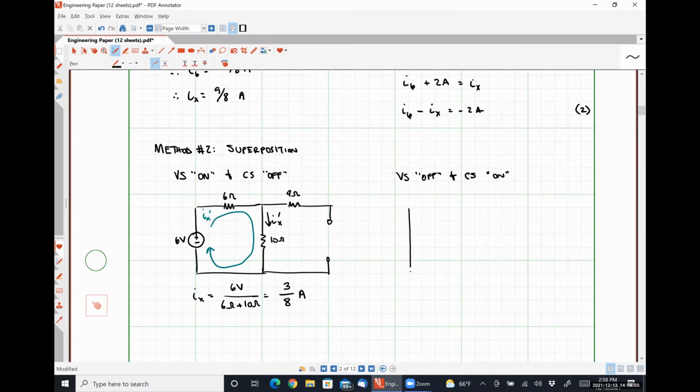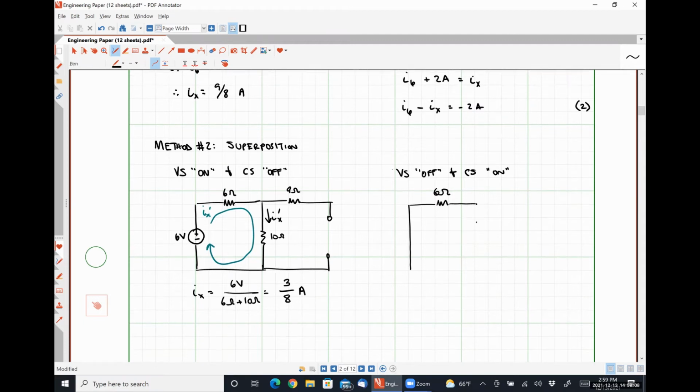So this wire represents my voltage source turned off. Then I have my 6 ohm resistor, my 10 ohm resistor through which I'm going to have a current flowing, IX double prime.